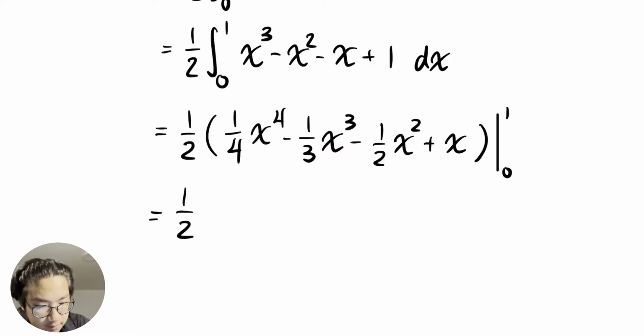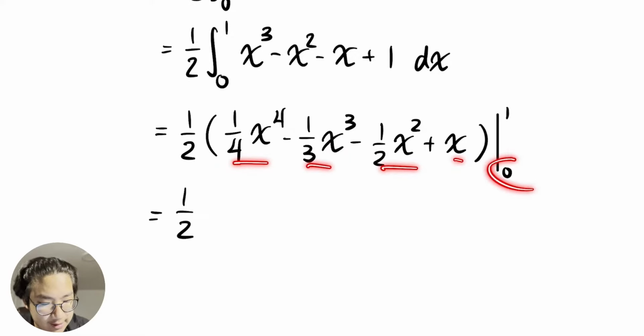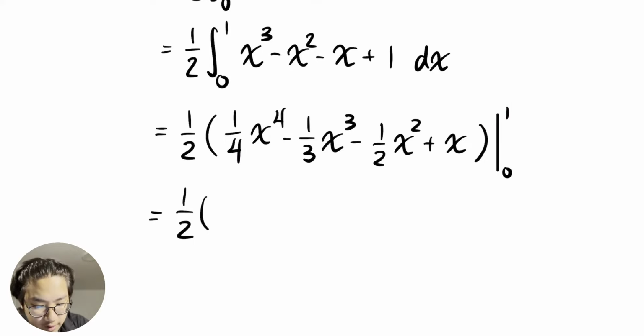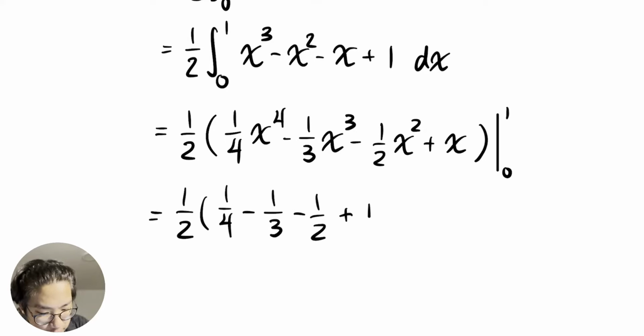Every term here has an x in it, so the 0 is irrelevant. We're just plugging in 1 everywhere, so we have 1/2 times 1/4 minus 1/3 minus 1/2 plus 1.